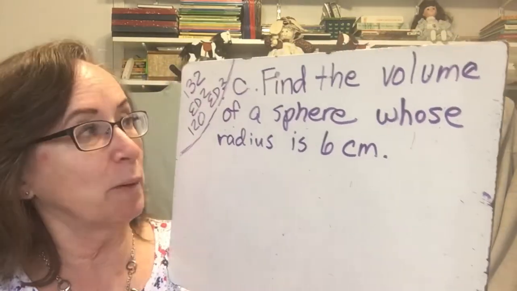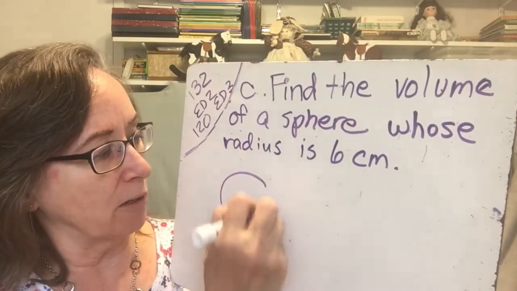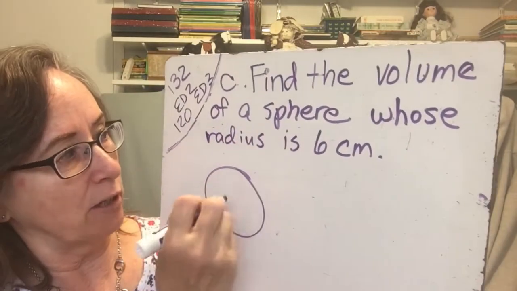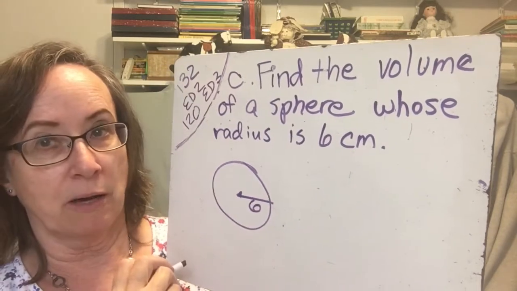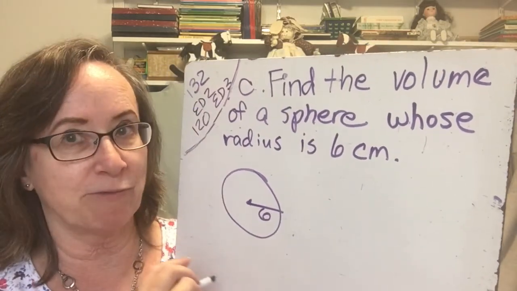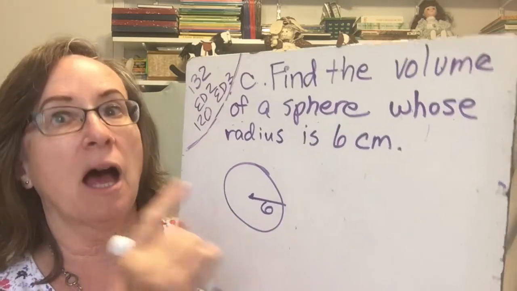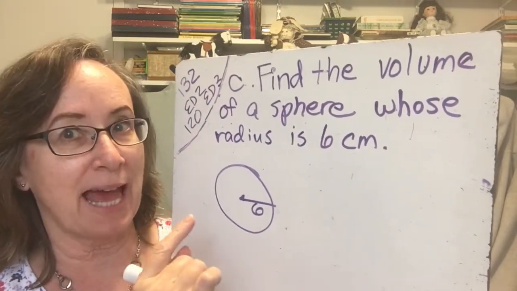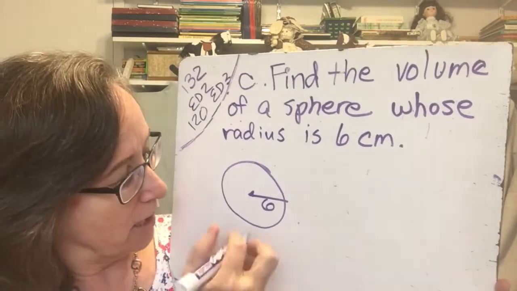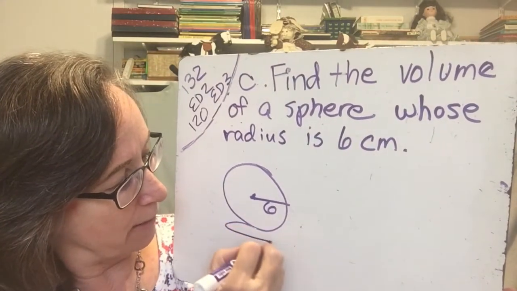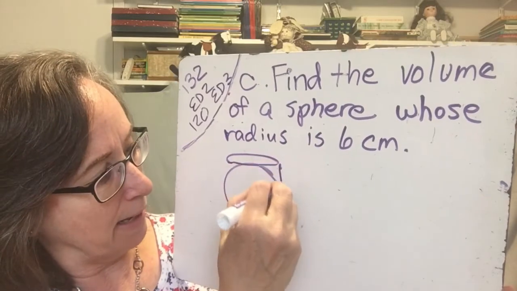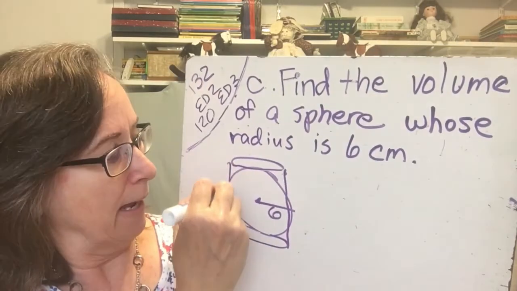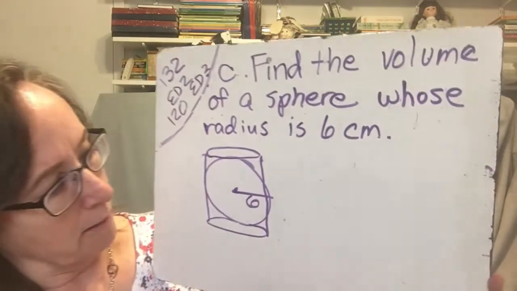All right, so remember that when we have a sphere, and this sphere has a radius of 6 centimeters, first we have to find the volume of the cylinder that encloses the sphere. So the cylinder that encloses the sphere would have a base and a height and be like that, right?